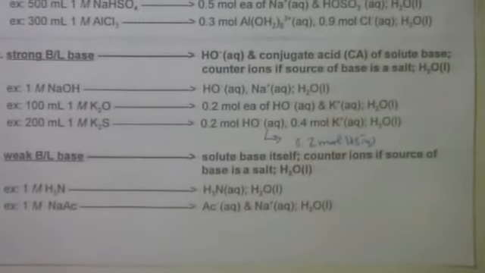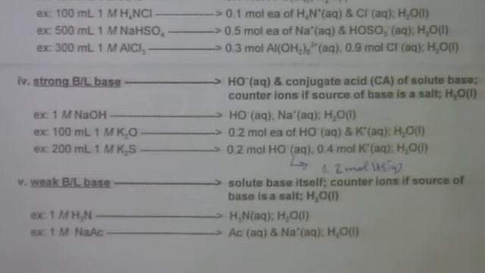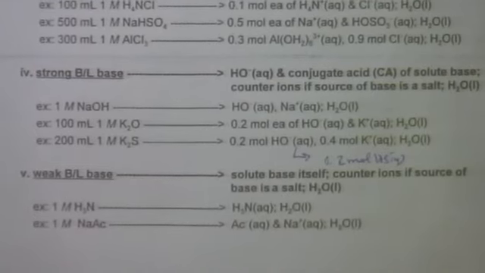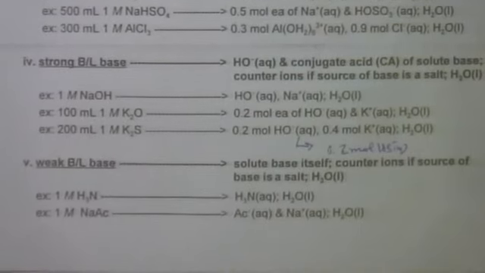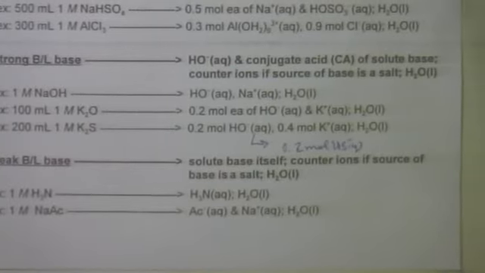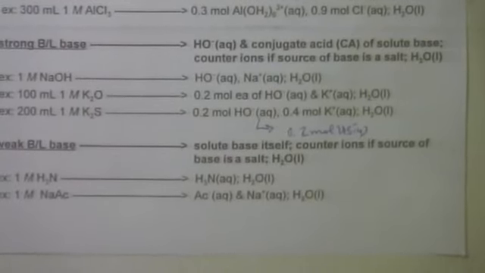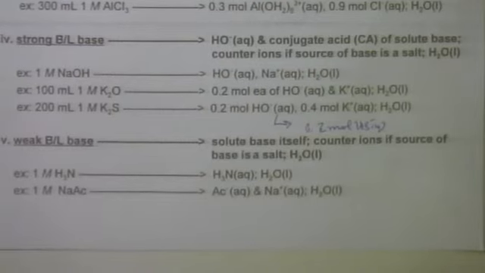And then the last thing is weak Bronsted base. Like weak Bronsted acids, bases react with water, but to a limited extent. In most cases, quite small. And if the initial molarity of the weak base is on the order of 10th mole or greater, the extent will always be small.